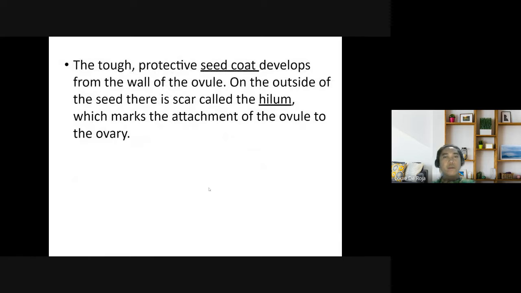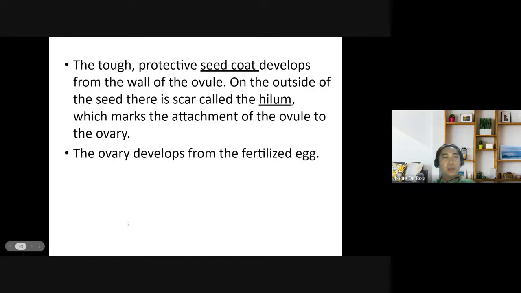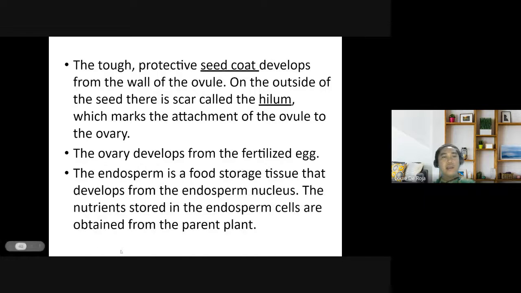Okay. The tough protective seed coat develops from the wall of the ovule. On the outside of the seed, there is a scar called the hilum, which marks the attachment of the ovule to the ovary. The endosperm is a food storage tissue that develops from the endosperm nucleus.